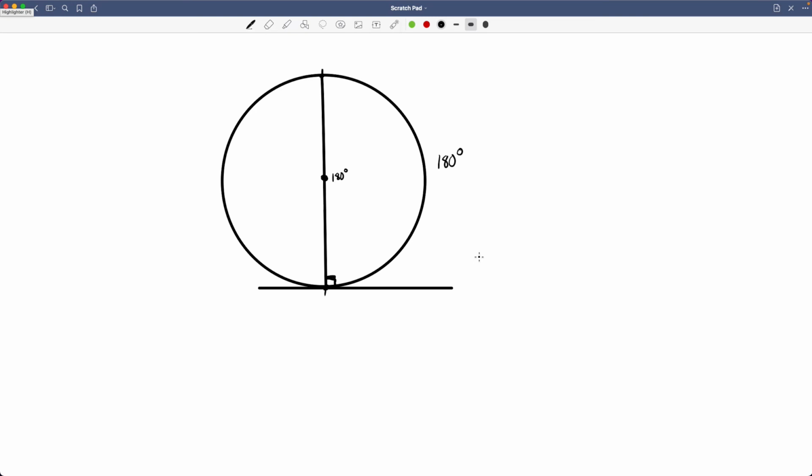You see how that works? So this is x and this is y. Y is equal to x divided by 2. So in this case, y is 90, x is 180 divided by 2. This proves this.